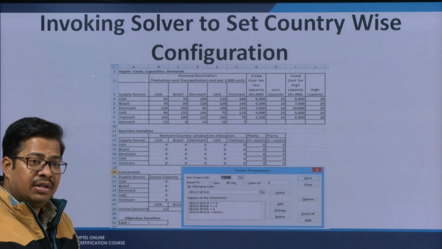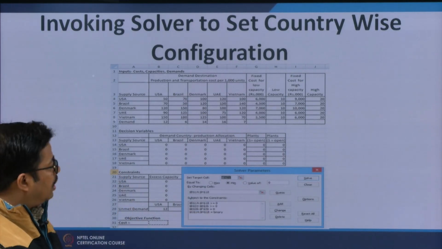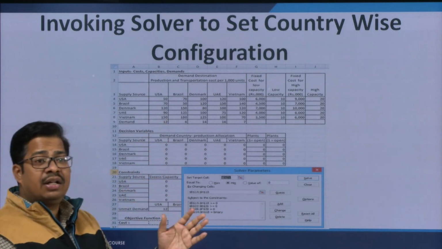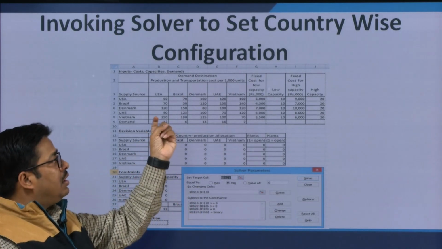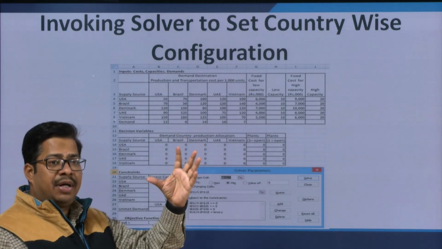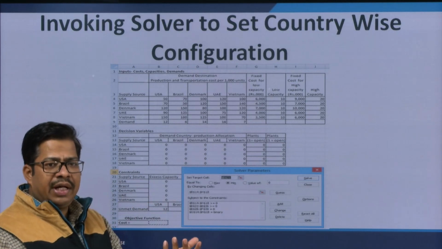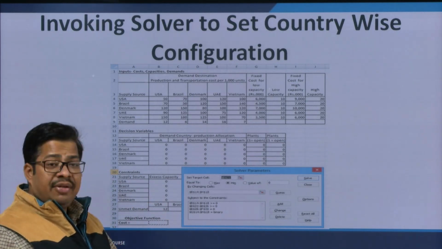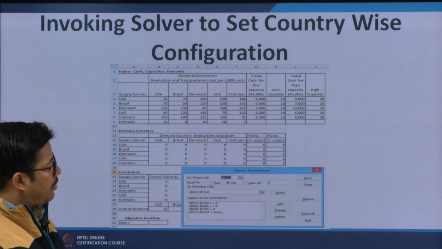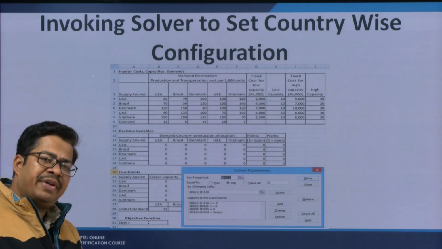It is also possible that you can have more constraints, and you may say that for the USA market and Denmark market you have to fulfill 100% demand. For the Vietnam market you should fulfill 80% of the demand or even more, which is very good. For the Brazil market again 80%, UAE market 75%.